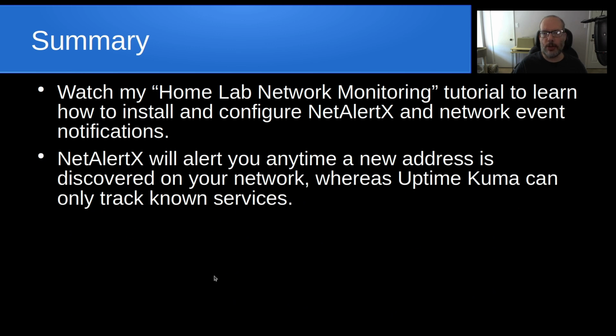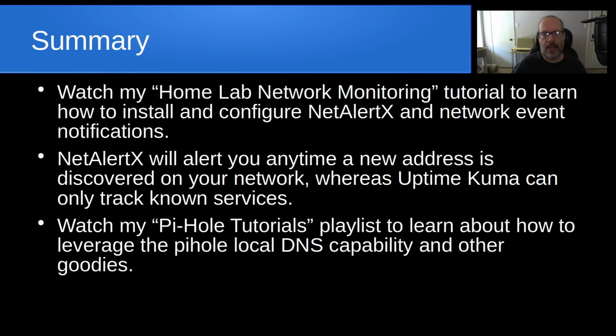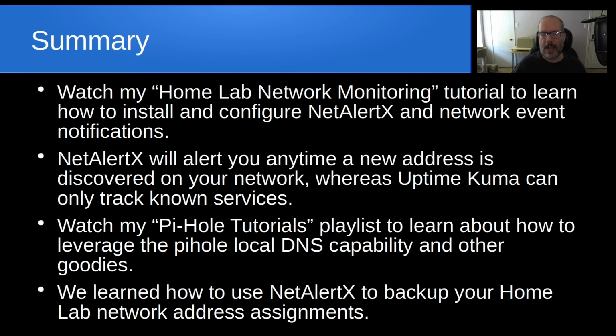NetAlertX will alert you anytime a new address is discovered on your network, whereas Uptime Kuma can only track the known services that you have configured. And watch my Pi-hole tutorials playlist to learn about how to leverage the Pi-hole local DNS capability and other goodies as well. And we learned how to use NetAlertX to back up your home lab network address assignments.